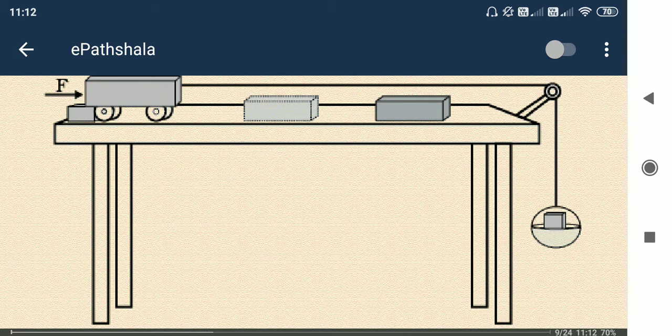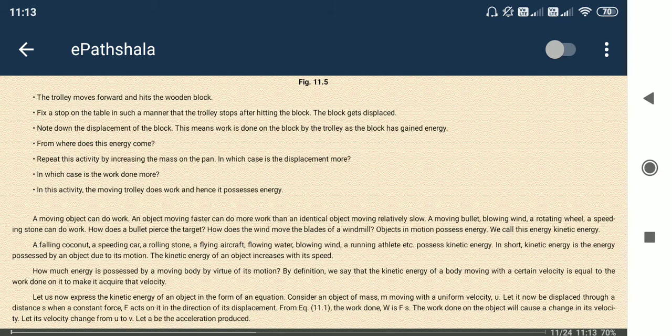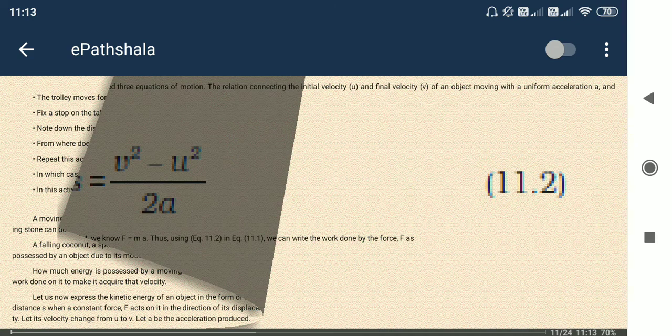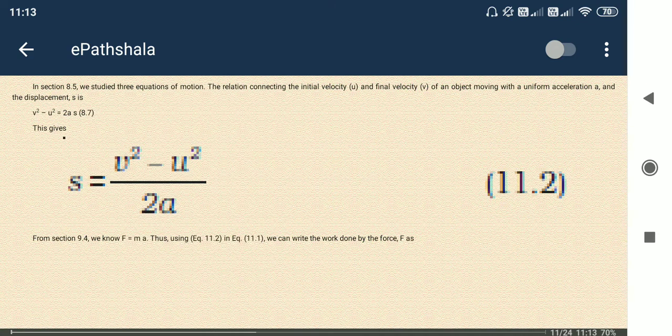Okay, so this formula I think you will know. S is equal to v square minus u square by 2a. Actually it came from v square equals u square plus 2as, where v is the final velocity, u is the initial velocity, s is the distance covered by the object, and a is the acceleration.